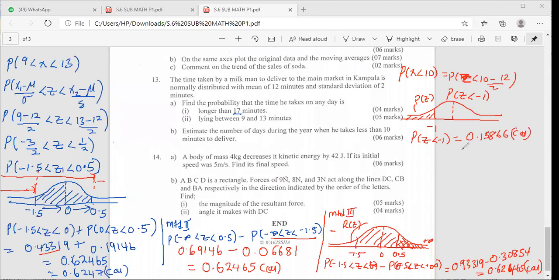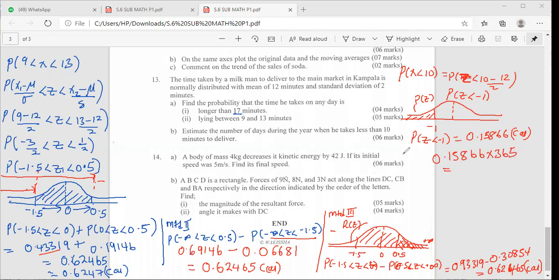But that is just the probability. They are saying, go ahead and find the number of days. So you multiply 0.15866 times the number of days in the year, 365.